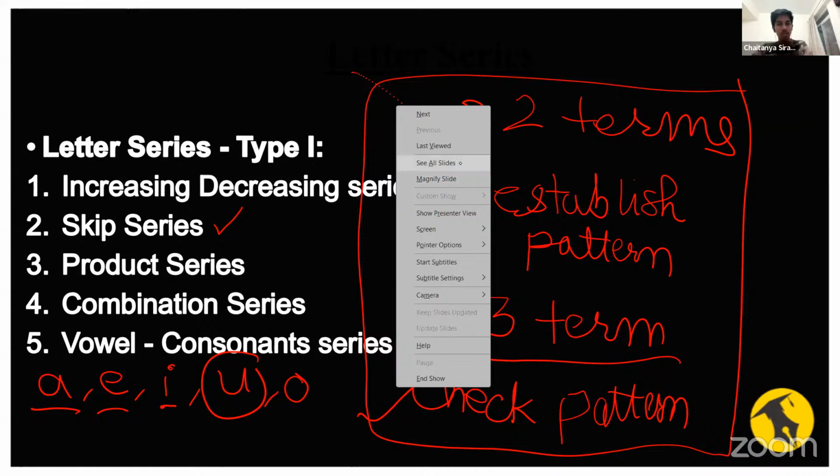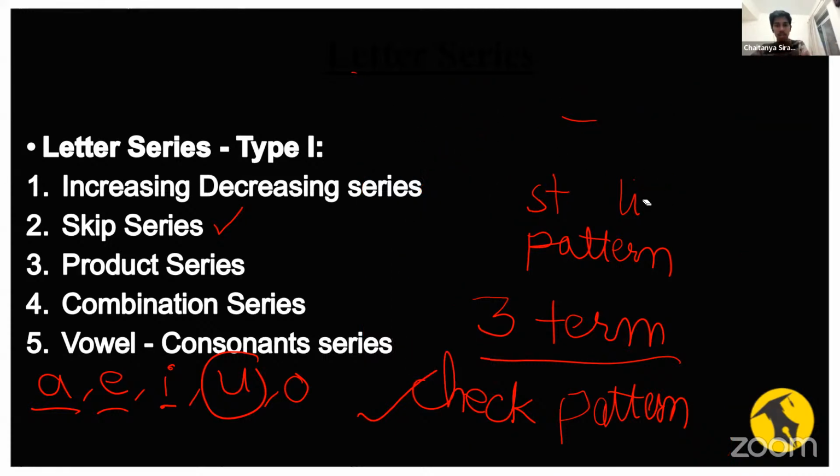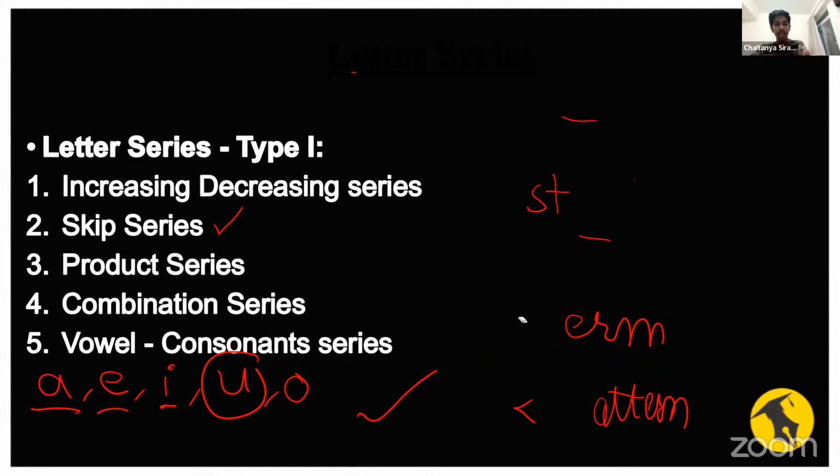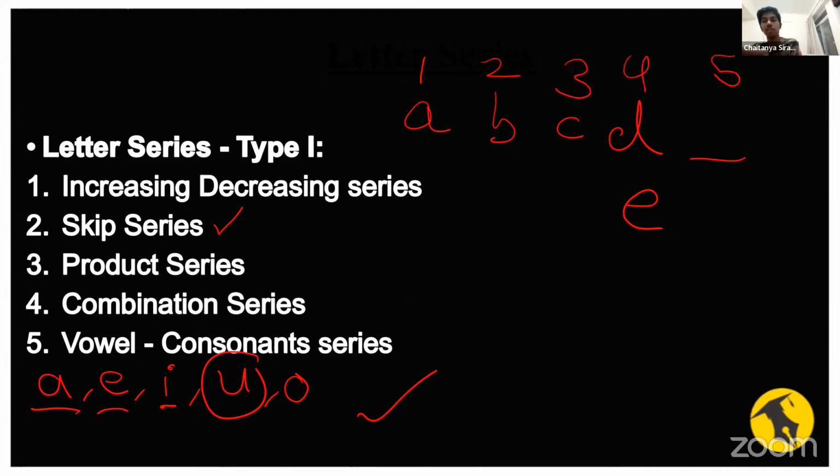I talked about vowel and consonant series. Increasing and decreasing series are very easy. Let's say I have A, B, C, D, and they're asking me for the fifth term. Then it's simply E, because these correspond to 1, 2, 3, so next should be 5, which is E. In this way, you can have an increasing series.